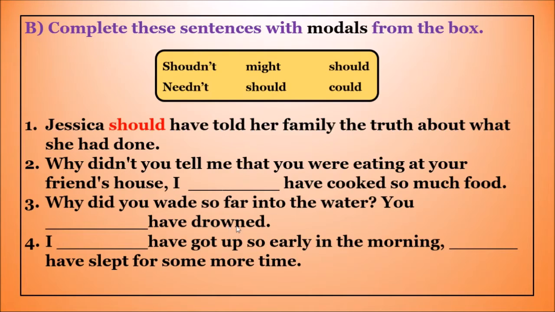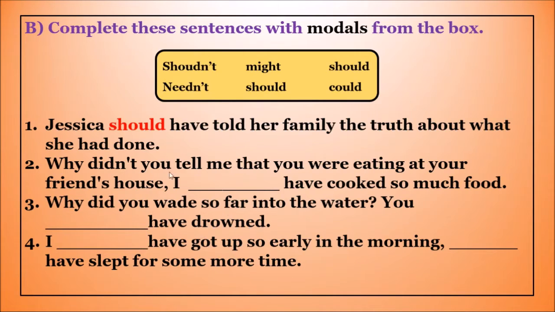The question here is, why did you wade so far into the water? It is showing probability. They are not saying confirmly that you will drown; they are saying if you go so far in the water, you may drown.